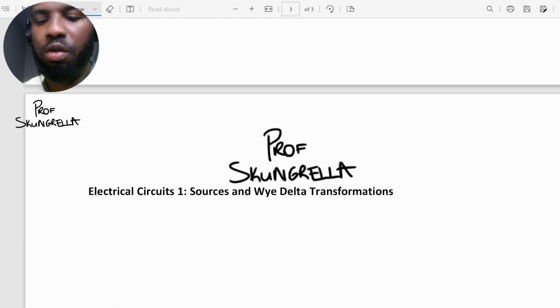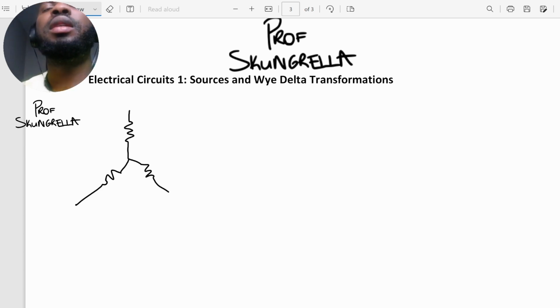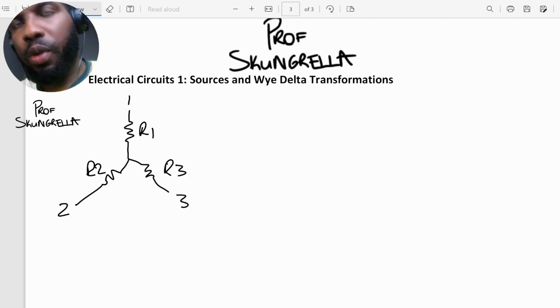What if we wanted to go from Y to delta? So you want to go from the Y to the delta. This is what you would do. Again, this is going to be points 1, 2, and 3, and you have R1, R2, and R3.